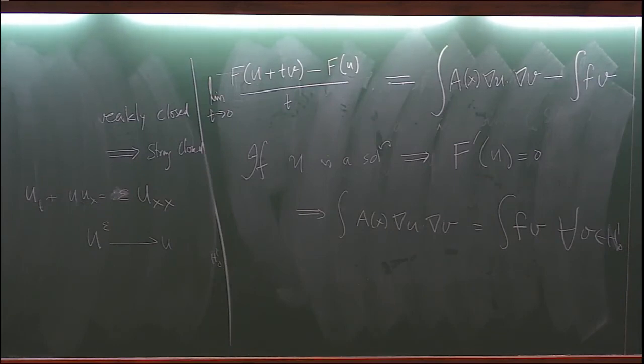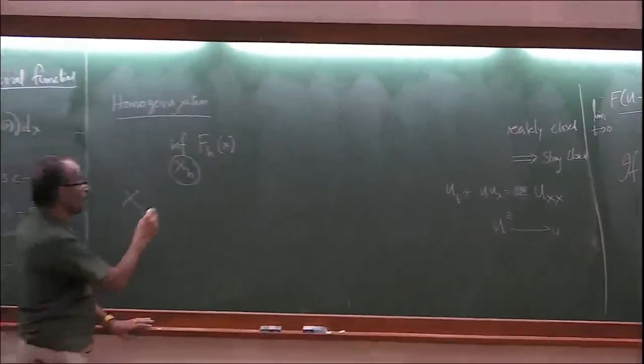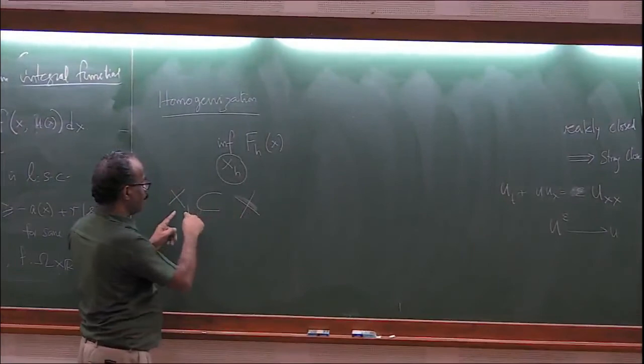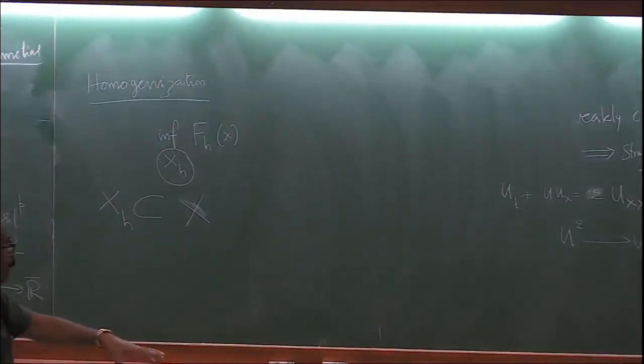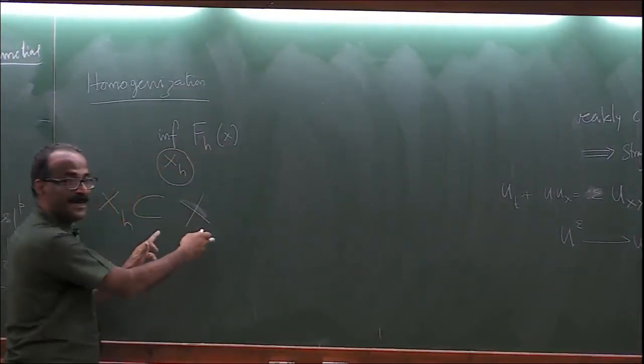This we are not handling because it is maybe a slightly easy thing to change, because if you have a family of spaces, it may be possible to find an ambient space, a big space X, so that you put every X_h in X. You will be able to do it and redefine your F_h by giving infinity outside.